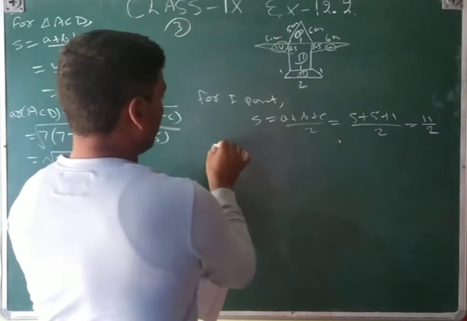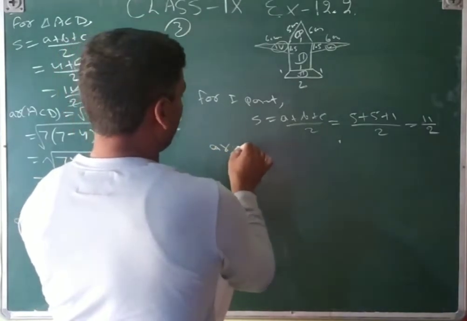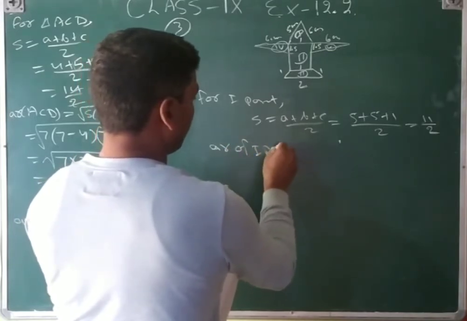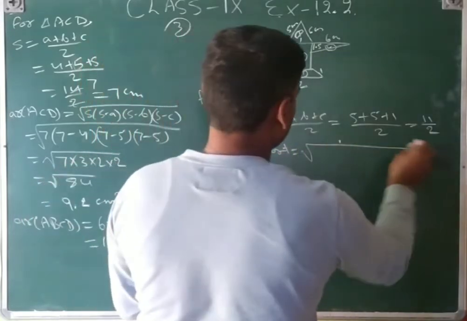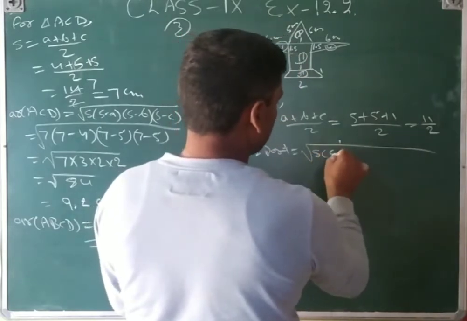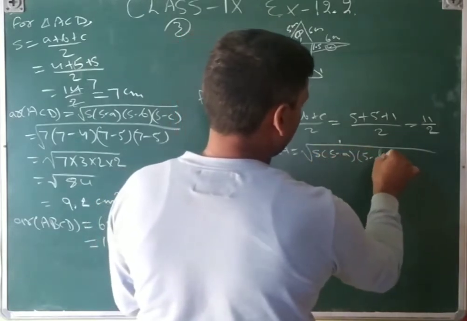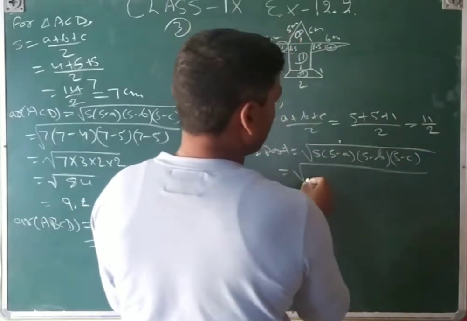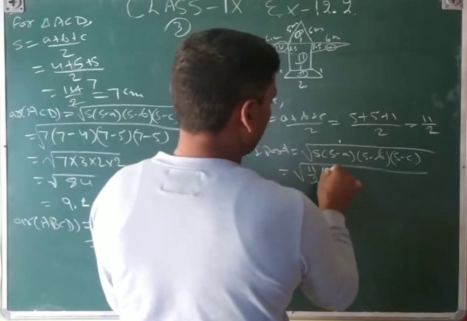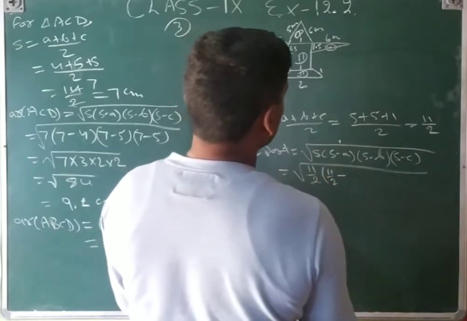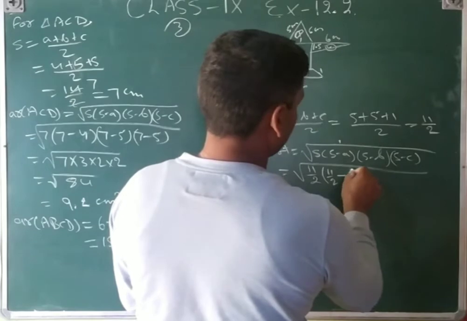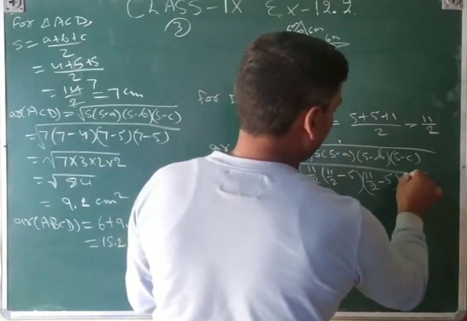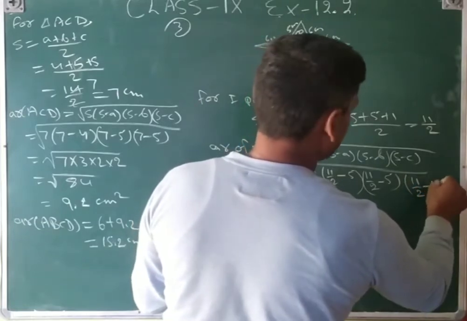Now the area of first part is equal to the square root of S into S minus A, S minus B, S minus C. So S is 11 upon 2, A is 5, and then 11 upon 2 minus 5, and then 11 upon 2 minus 1.